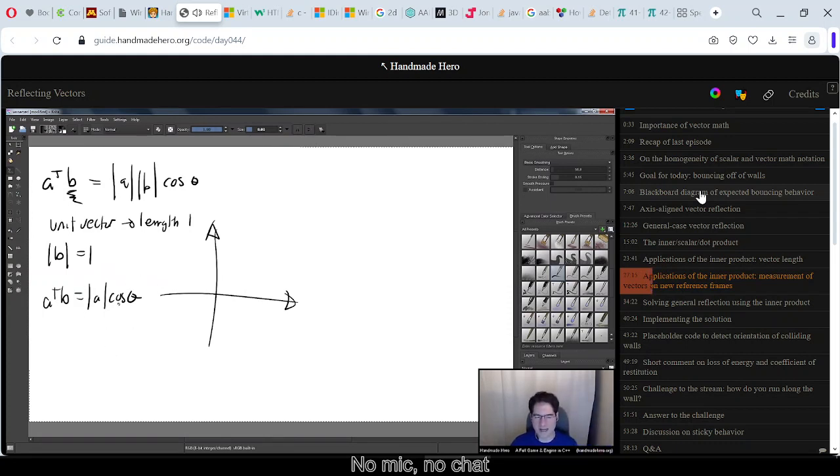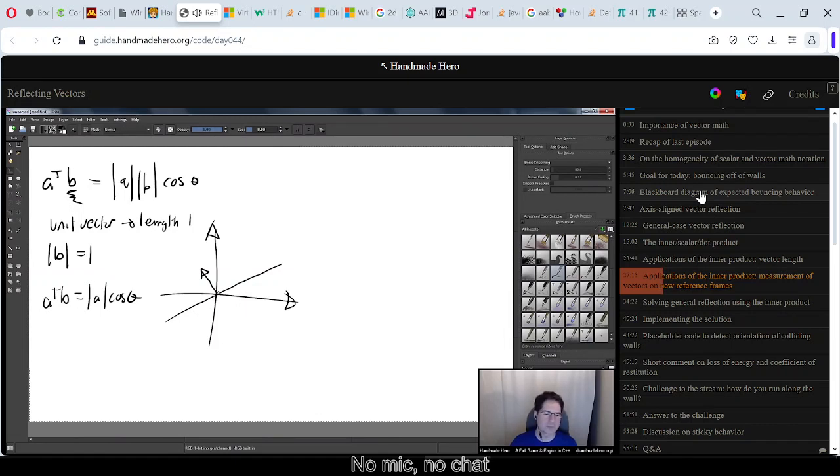So what does that actually do for us? Why would I care about that? Well, imagine that now we have our wall again, that wall we were talking about. Suppose we had a unit vector that was pointing in the direction away from the wall. Just suppose that's something we had.